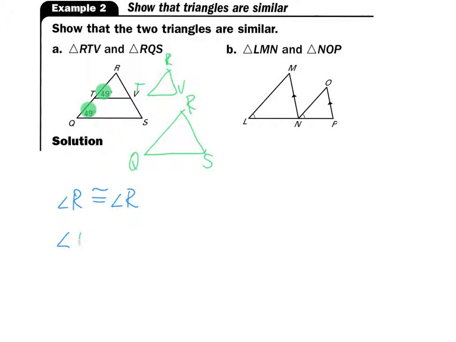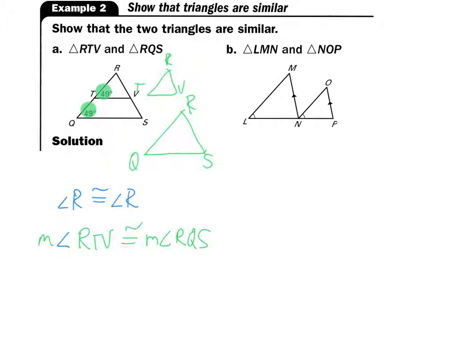The first one, the smaller one, is angle RTV, and the other one is angle RQS, or simply angle Q. These two are congruent.